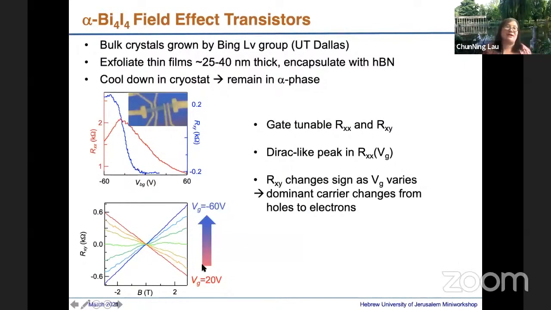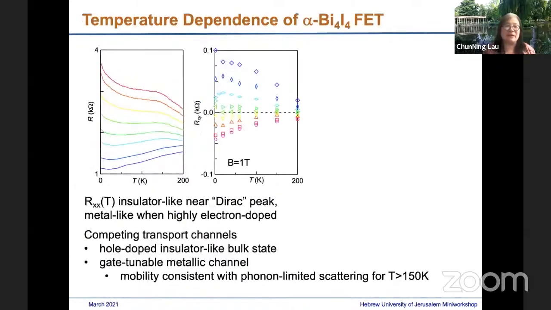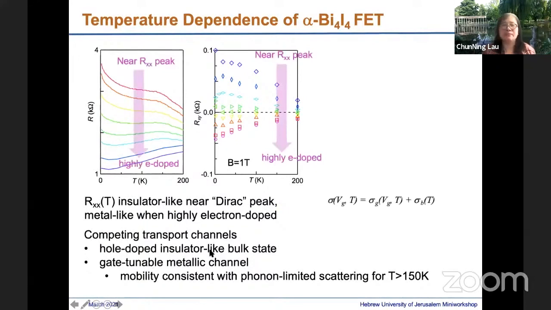Let me just say, long story short, we have observed gate tunable transport in thin film transistors. It's the first time we're able to see the gate tunable transport, and we can show that they have a gate tunable metallic channel in addition to a hole-doped bulk state.